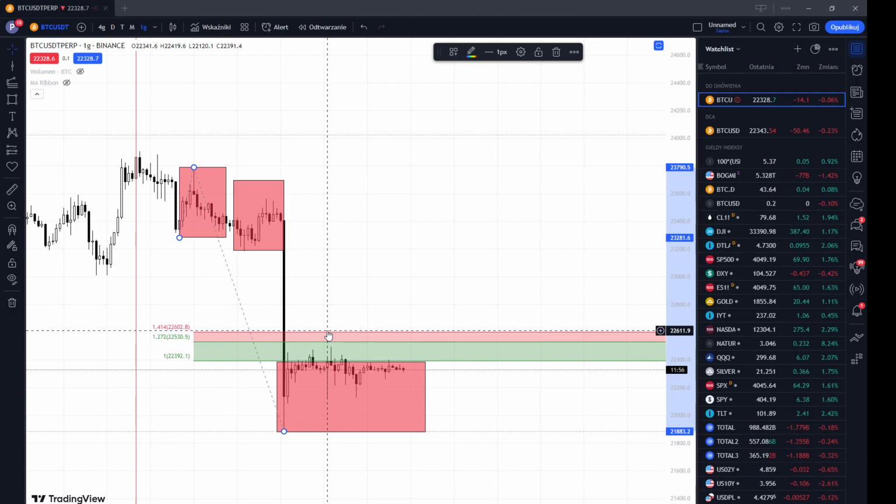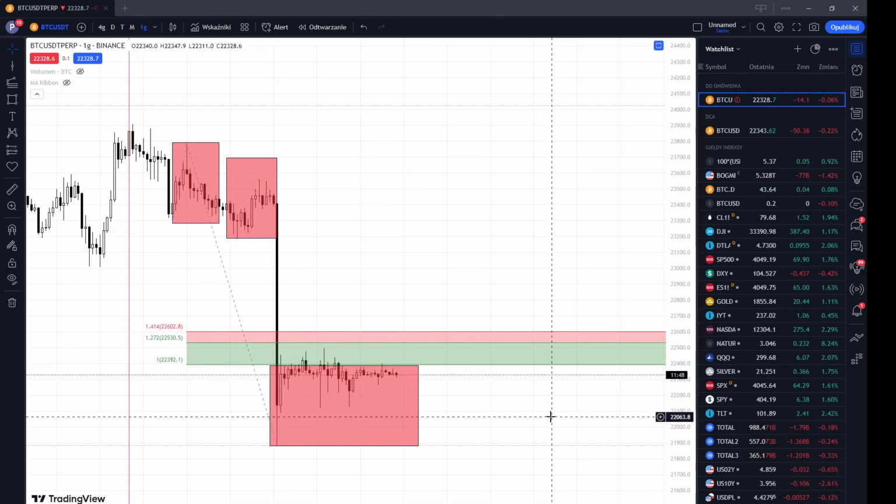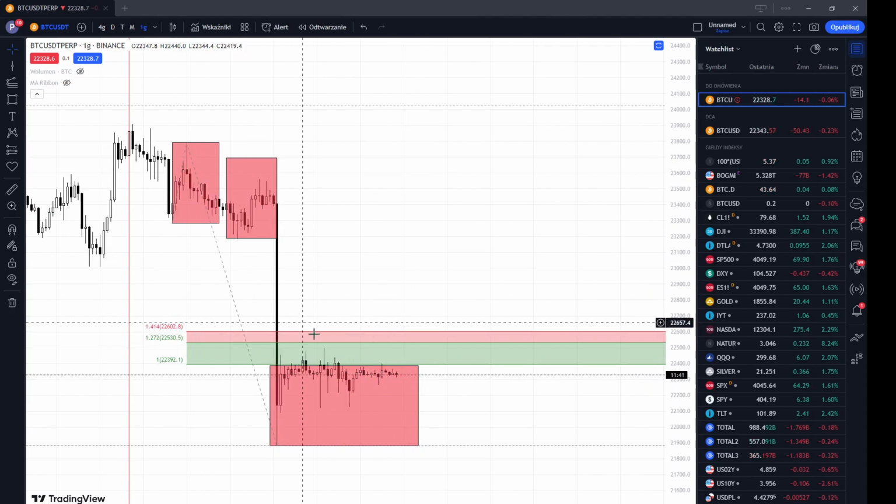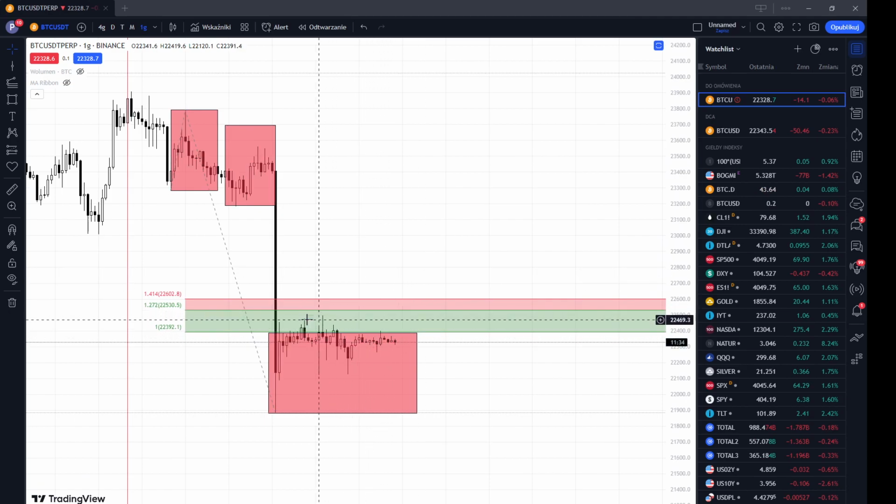If we start closing our candles above 1.414, and when I say candles, I mean 1 hour candles, so if we get a break up to the upside, then this breaks the local trend. So if I want to play a local scalp, this is my entry. The green part is my entry, and closes of candles above the 1.414 is the invalidation point.